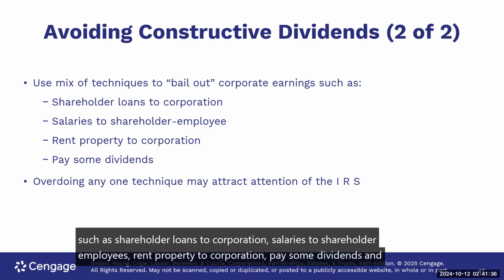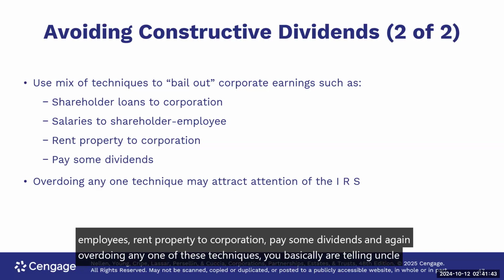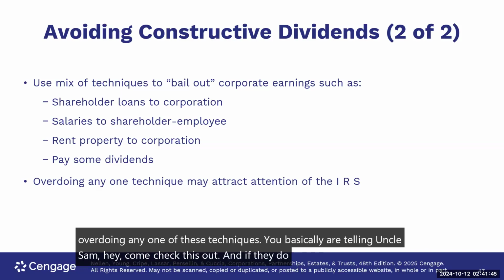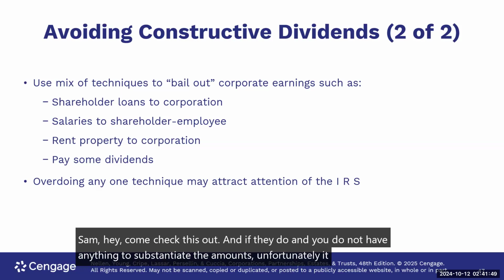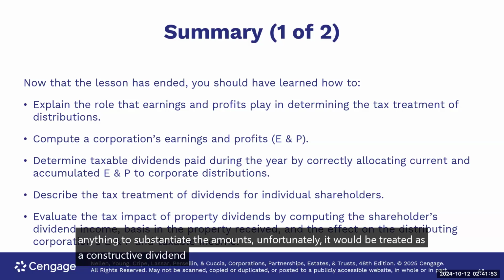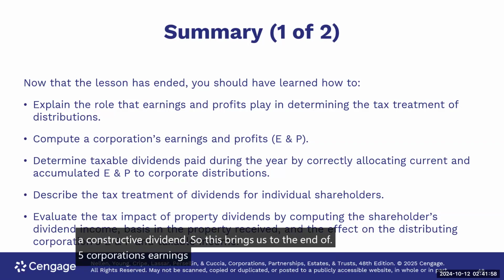Overdoing any one of these techniques is basically telling Uncle Sam, hey, come check this out. And if they do, and you do not have anything to substantiate the amounts, unfortunately, it would be treated as a constructive dividend. So this brings us to the end of chapter 5, corporations, earnings and profits, and dividend distributions.